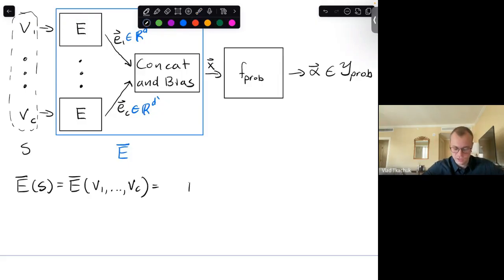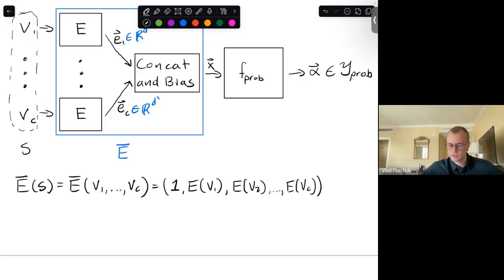So it's going to take the embedding function and pass through at V1, and then for concatenation, I'm just going to use a comma to show that. So then it's going to concatenate with the embedding of V2 onto the embedding of VC, which is the number of tokens. And then you put that all into one giant vector, and then you add a bias, which is the one at the very beginning.